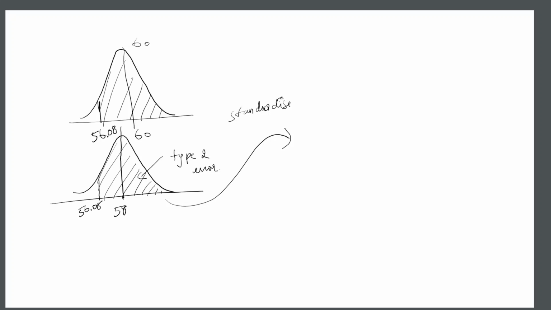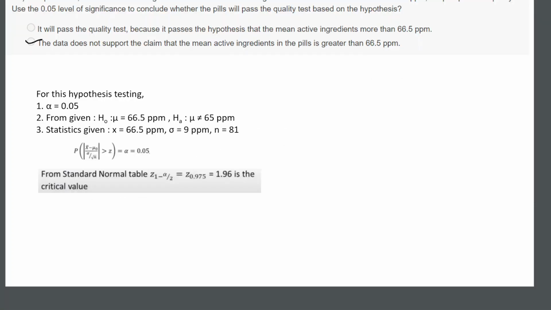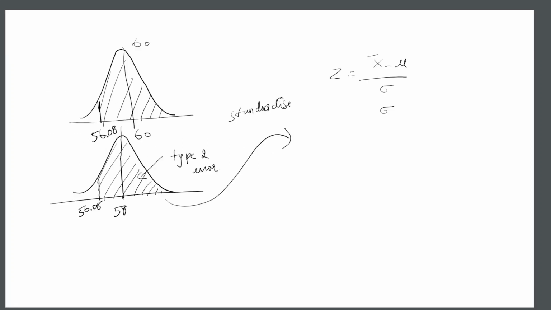Standardizing means we adjust it with the z value. So for that, we find the z value. This is x bar minus mu divided by sigma by root n.